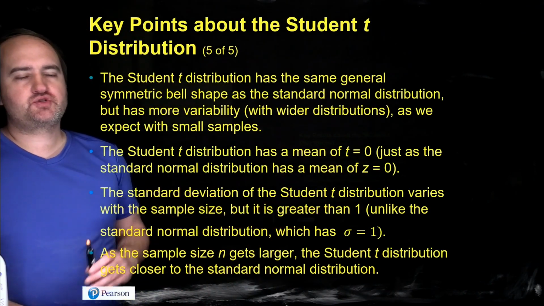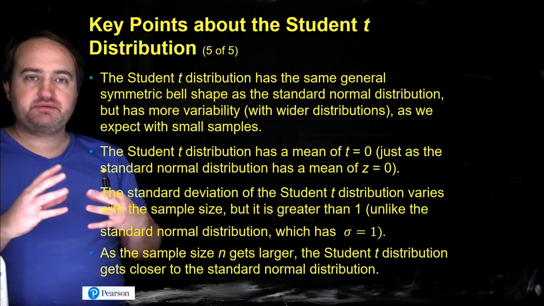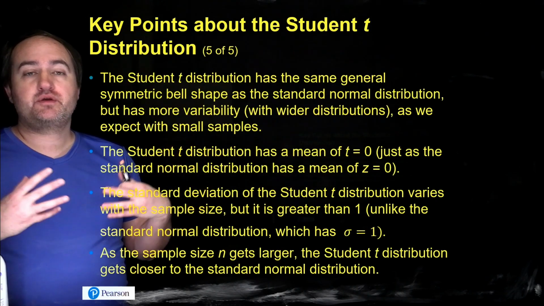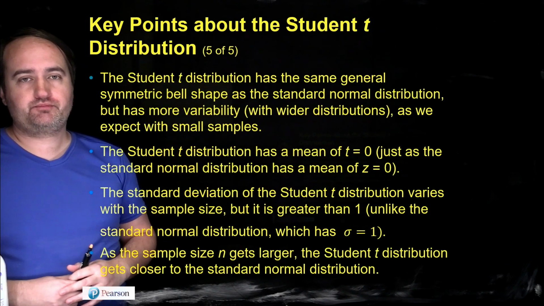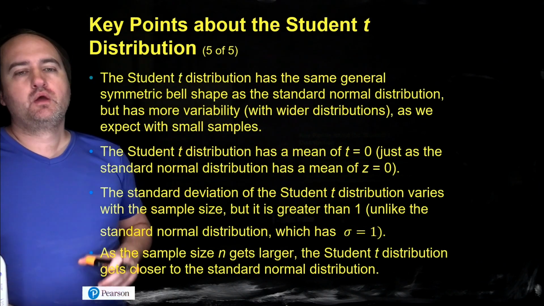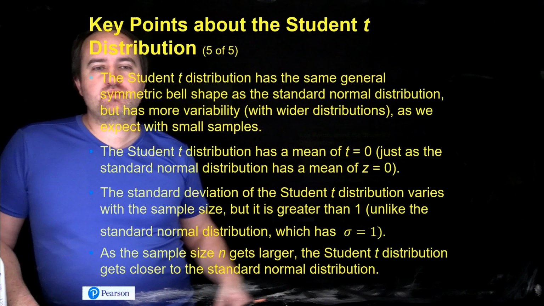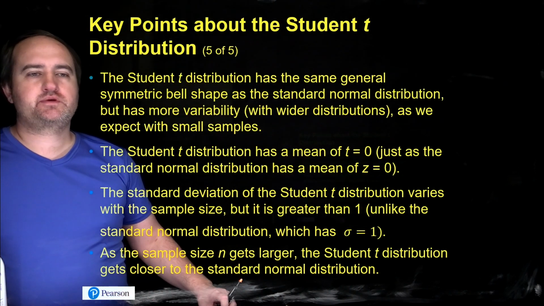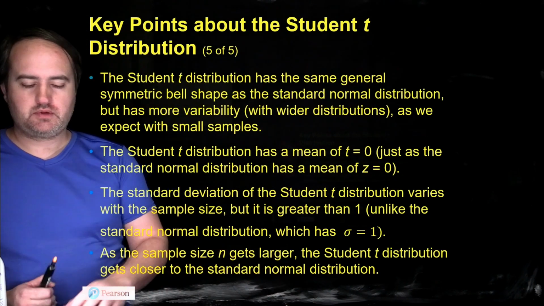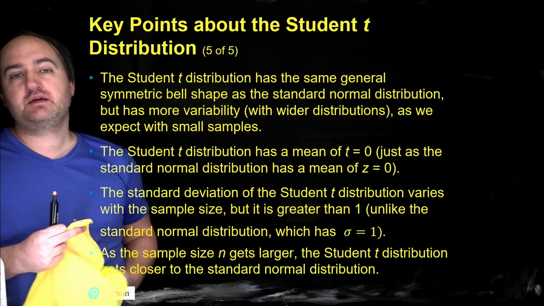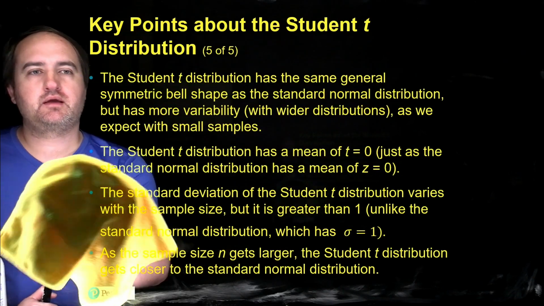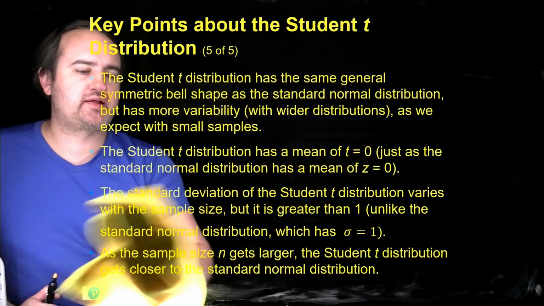But for the student t distribution, the standard deviation changes based on your number of degrees of freedom, which is n minus 1. As the sample size n gets larger, the student t distribution gets closer and closer to the standard normal distribution, which we could clearly see in the graphs that we were just looking at on the last slide.